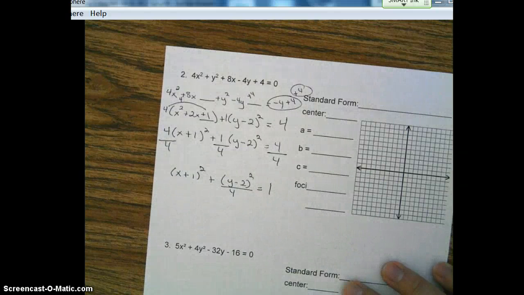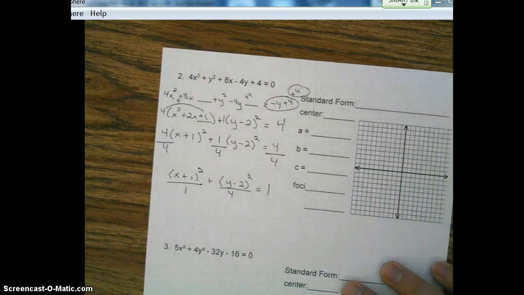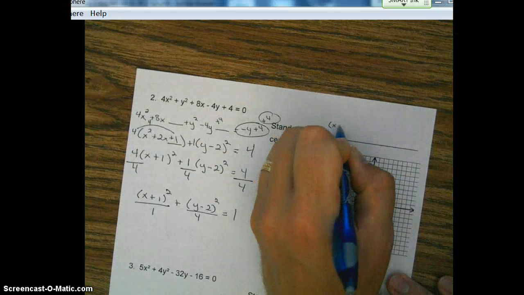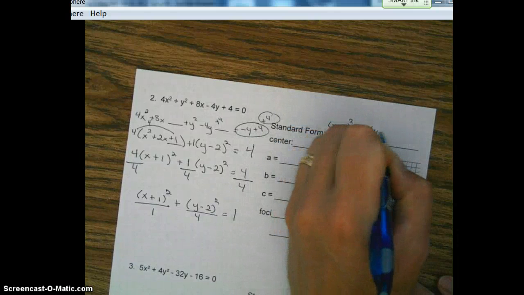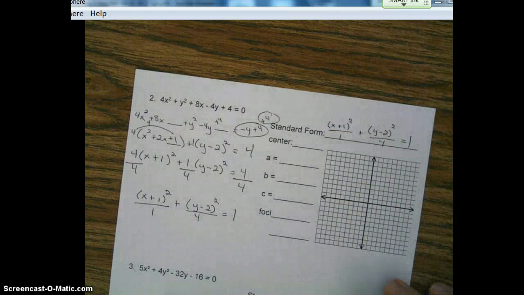There we go. Now 4 over 4 is 1 over 1. I'm going to go ahead and put a 1 here. Okay? Standard form. Okay, center.